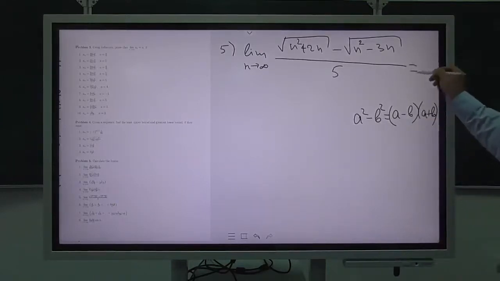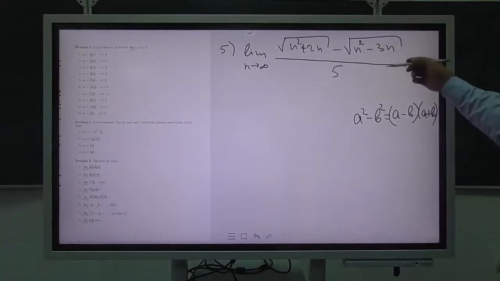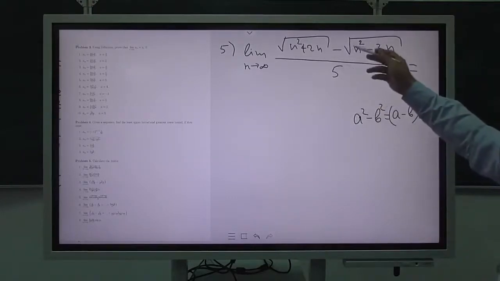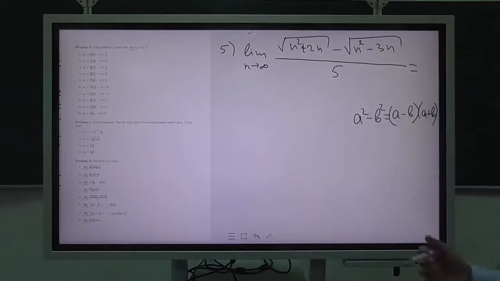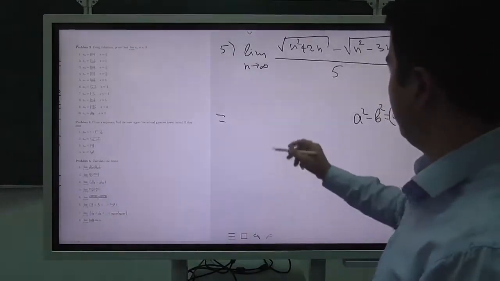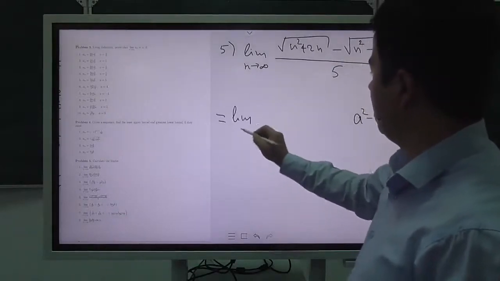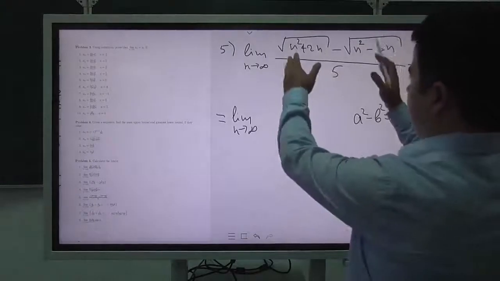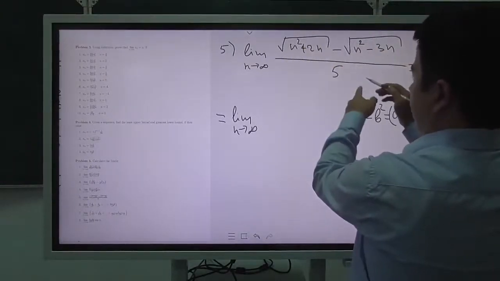And how to use it? Multiply by the conjugate of this expression with plus, and divide by it. So if we continue, here we have limit n tends to infinity, multiply by the conjugate with plus and divide by it.